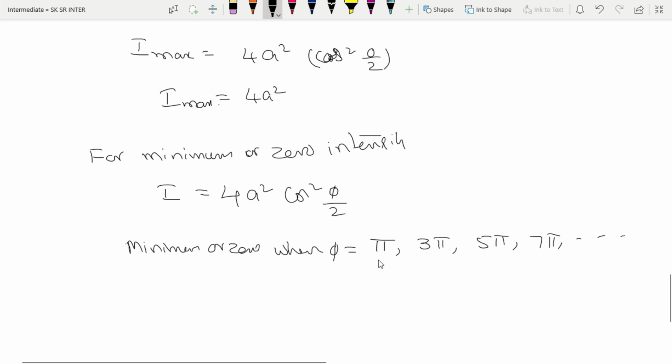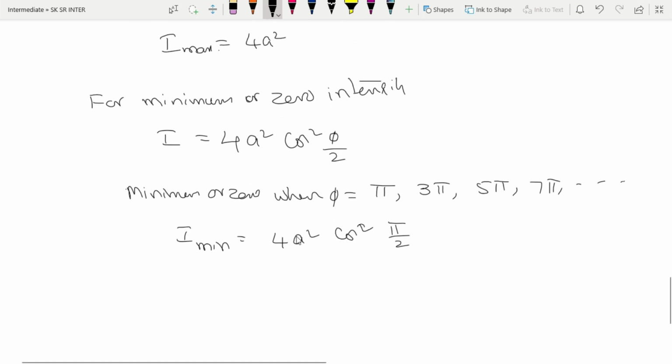If I put this phi here, then what happens? I minimum is equal to 4a square cos square pi by 2. Cos 90 means 0. 0 square means 0. So 0 into 4a square means 0.